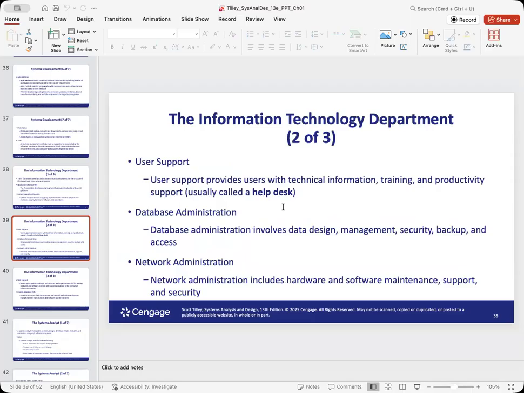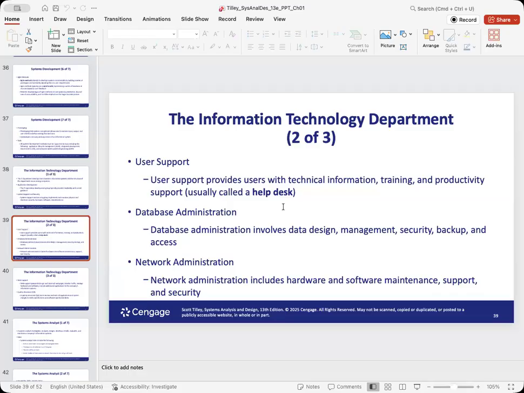User support provides users with technical information, training, and productivity support, which is usually called a help desk. And then database administration. This involves data design, management, security, backup, and access. Most of the time, they are in charge of the database design or the database systems of an organization.